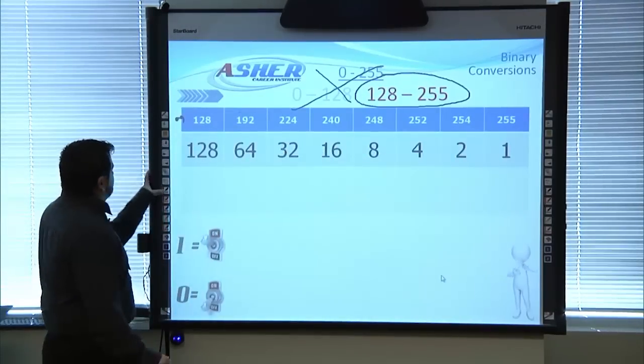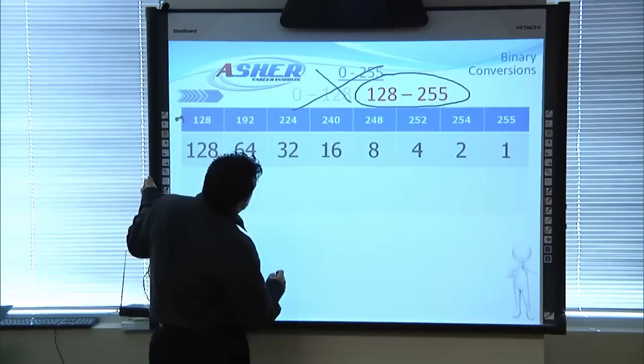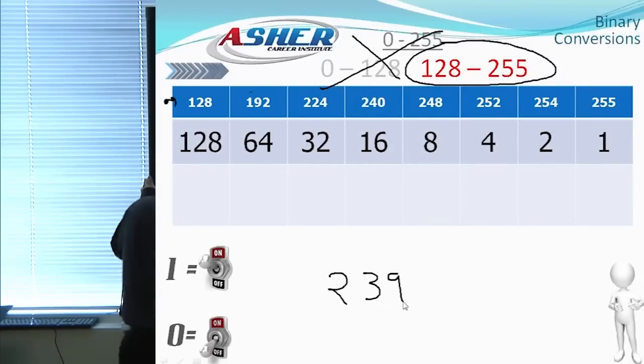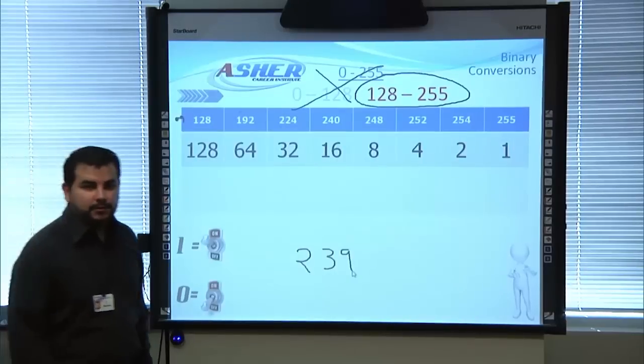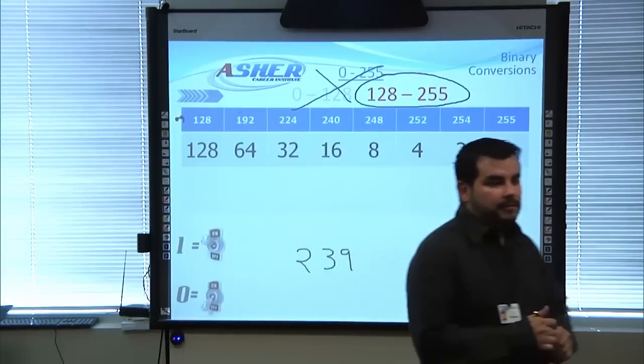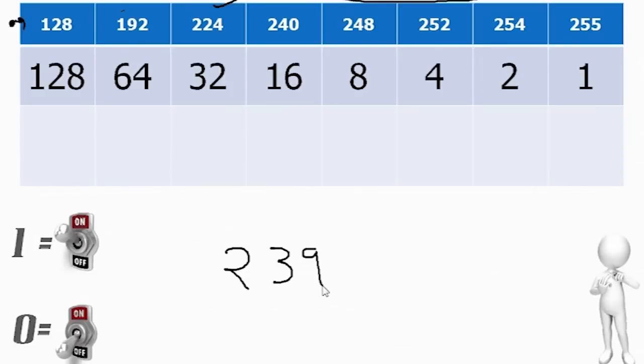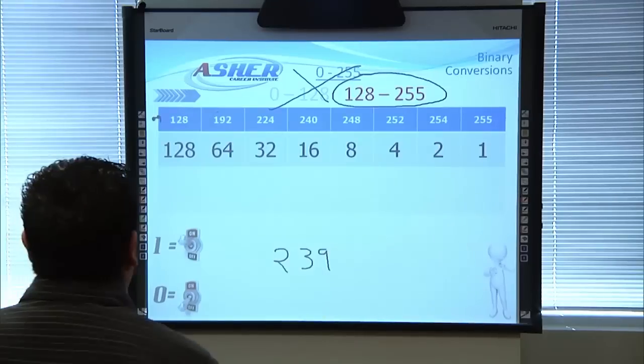The number is 239. So you've got your chart. I'll give you the first step. The first step is to find the closest number to 239 without going over. All right, let's work it out.